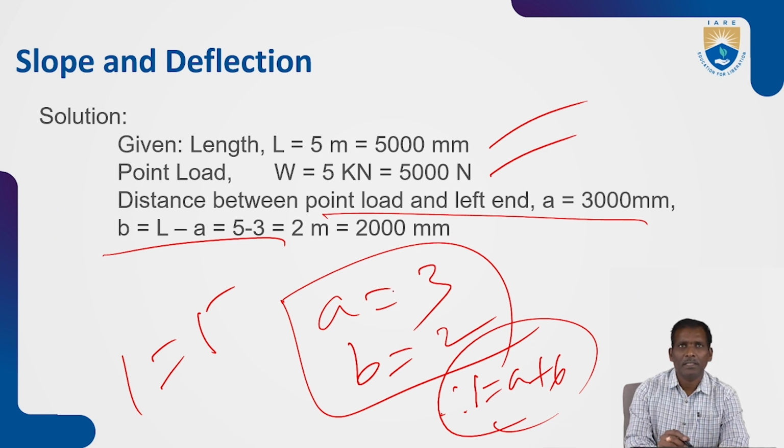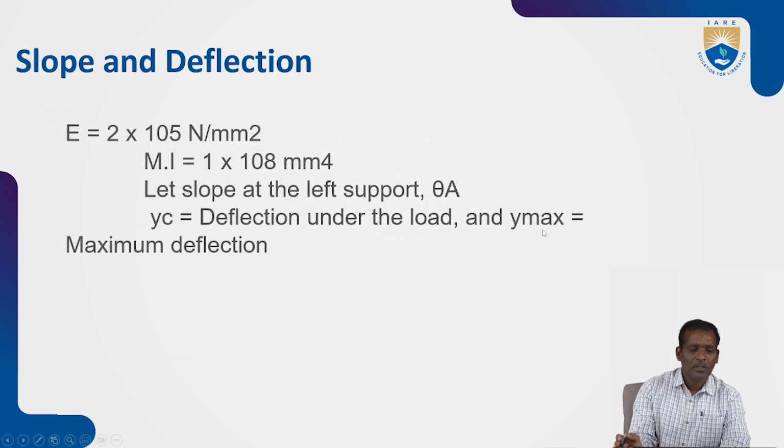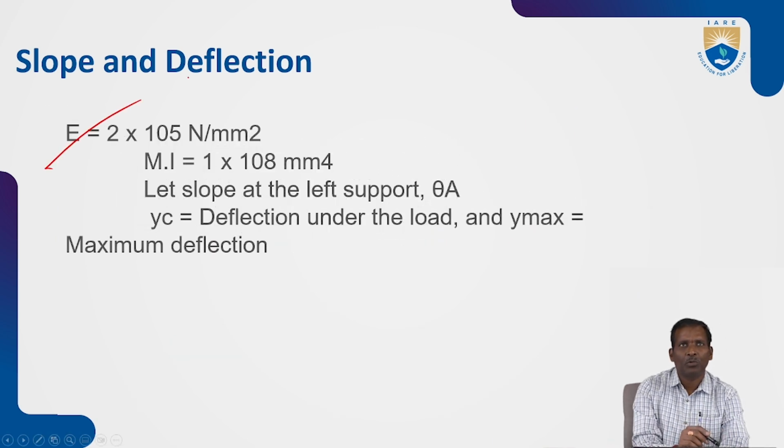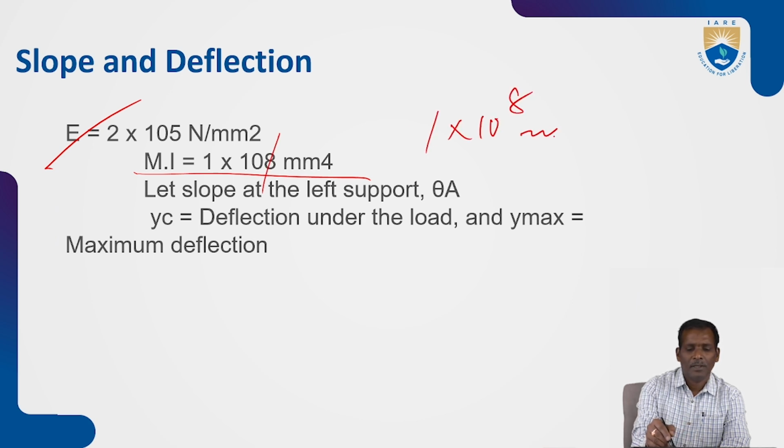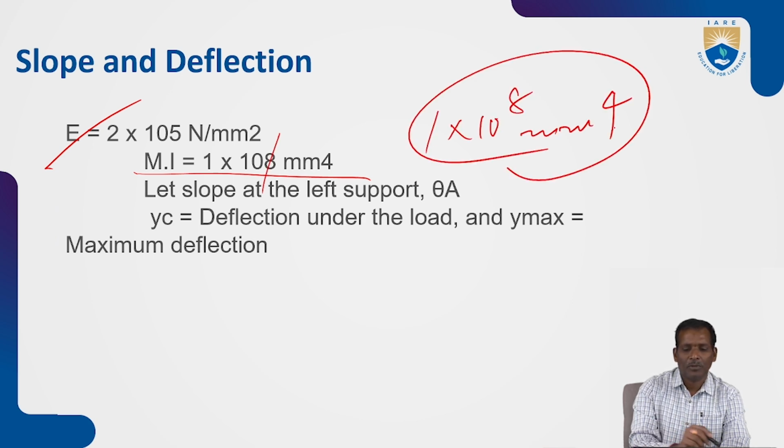So now calculate the distance between the point load and the left hand support. E is given as 2 into 10 to the power of 5 Newton per mm square, and moment of inertia 1 into 10 to the power of 8 mm to the power of 4.